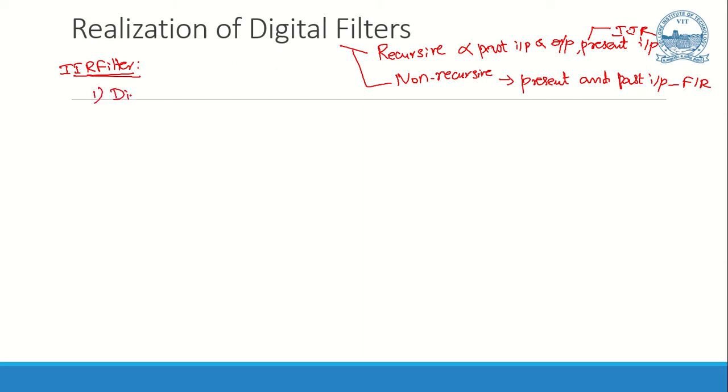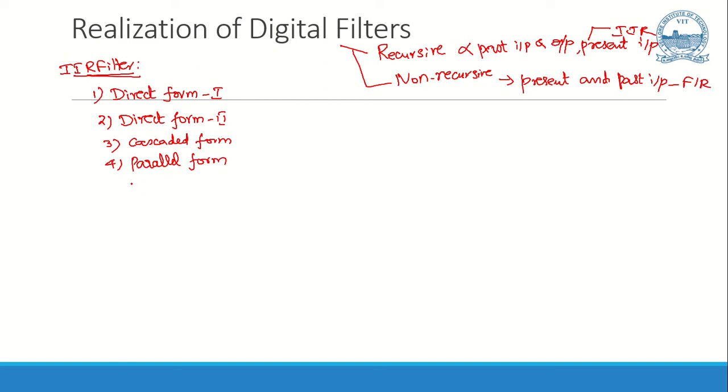So let me take: direct form 1, direct form 2, cascaded form, parallel form, lattice ladder structure.